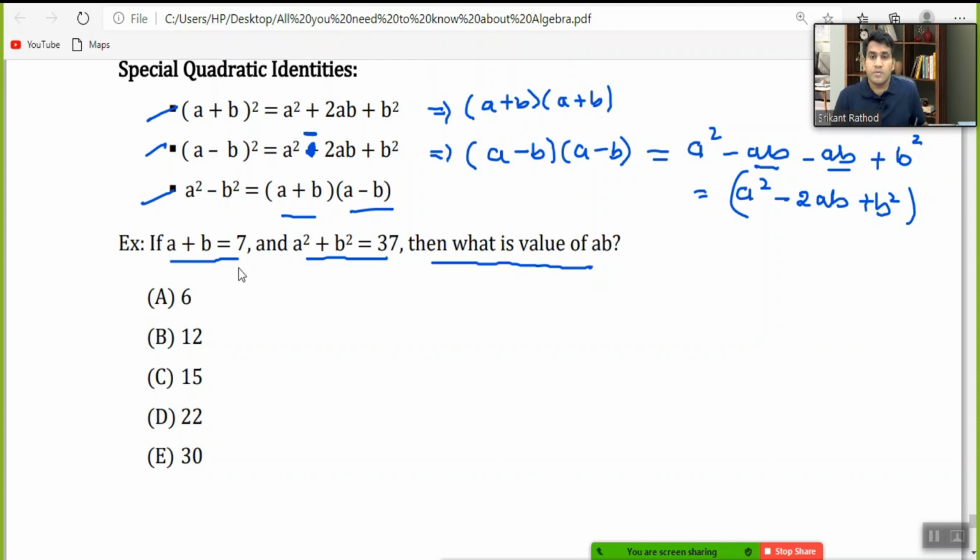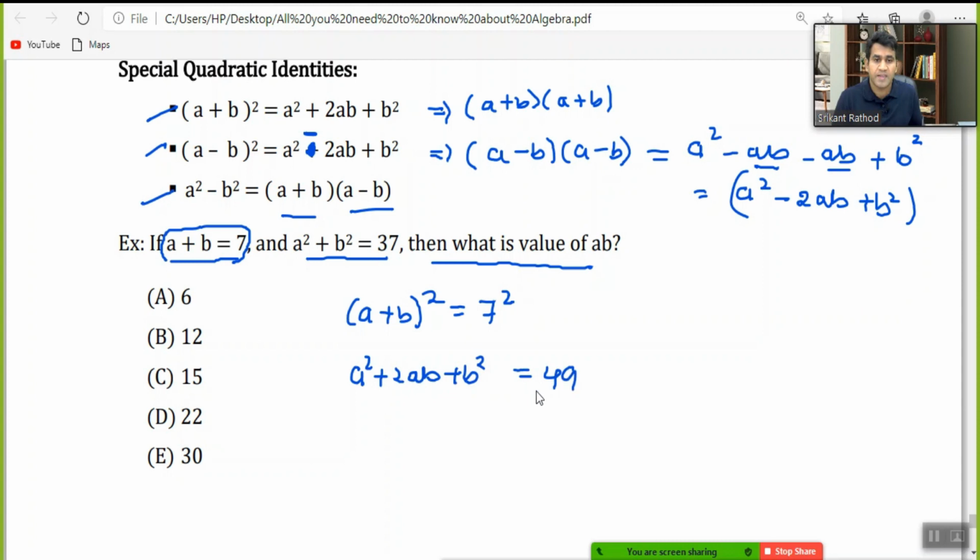So take this one and square it on both sides. So it becomes (a plus b) square can be written as 7 square, right? So this is in the form of the identity (a plus b) whole square. This will be written now as a square plus 2ab plus b square is equivalent to 49.